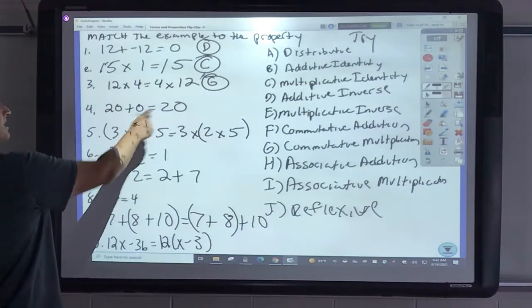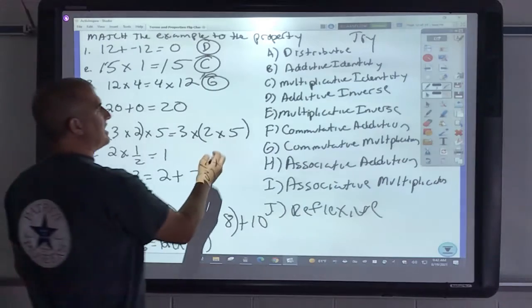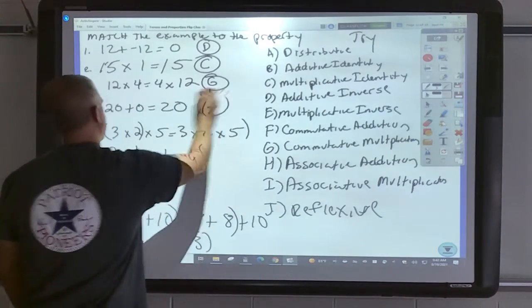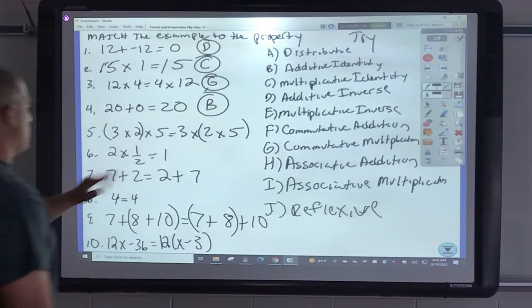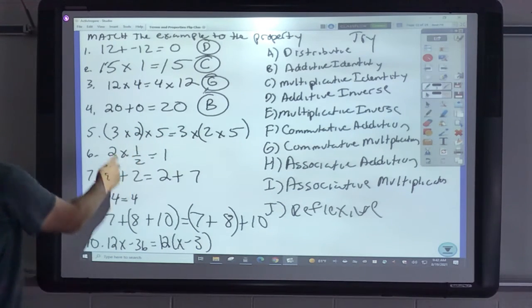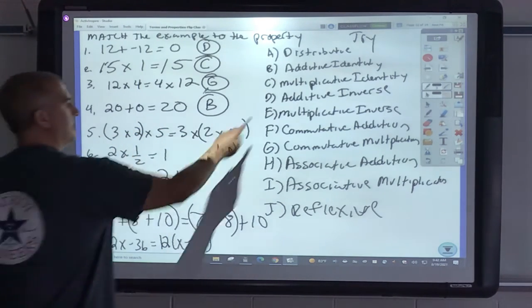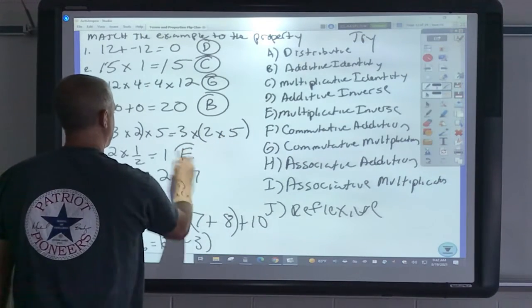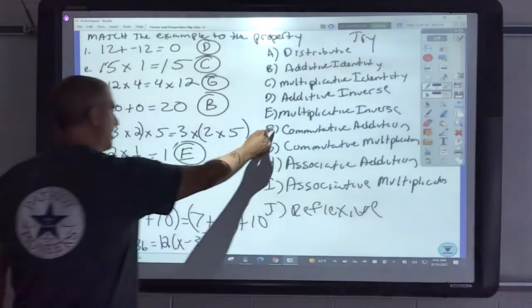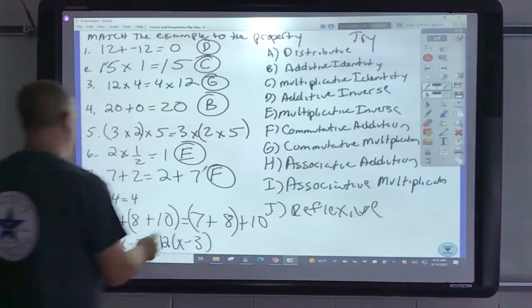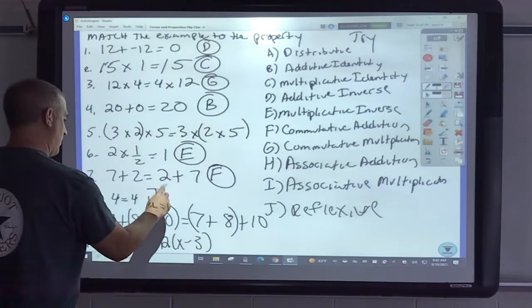Adding zero to something gives itself, that's the additive identity, so that's going to be B. That's a parenthesis deal. Same and same, so we'll hold off on that. 2 times a half, that's the opposite, so that's inverse. 7 plus 2, same as 2 plus 7, that's commutative addition. All right, that's easy, that's the reflexive one.